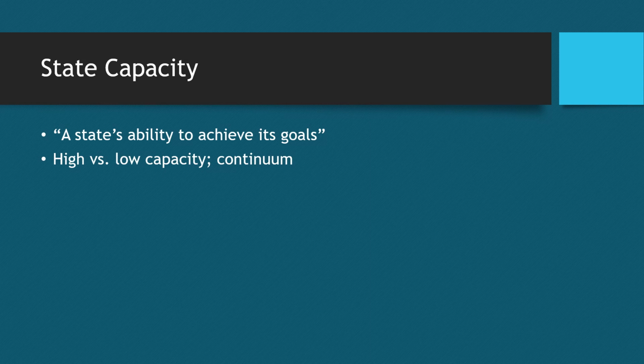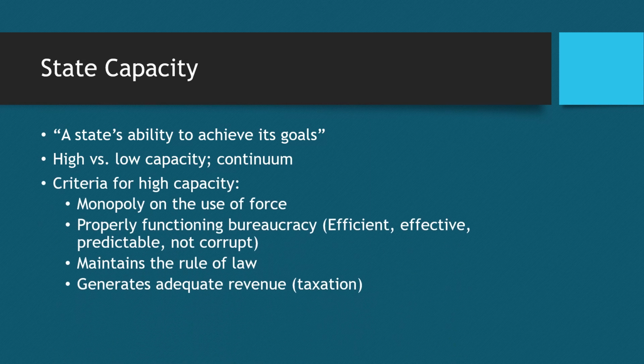And of course, it's one of those things that we can't measure really accurately. But what we would say about a high capacity state are things where, first of all, they have the monopoly on the use of force. So in other words, that state is functioning at a level where it can achieve social order and there are not criminal gangs or rival power centers.